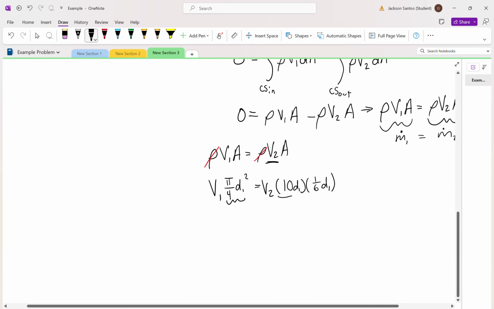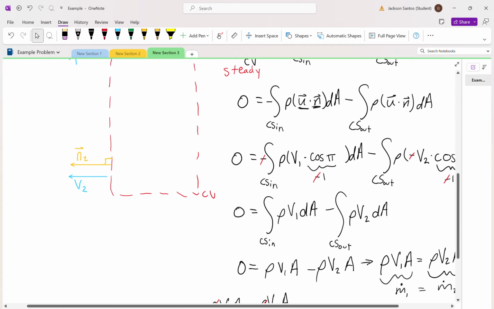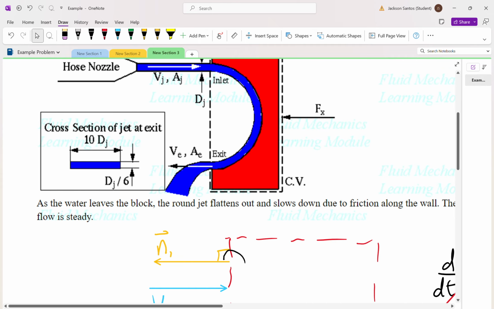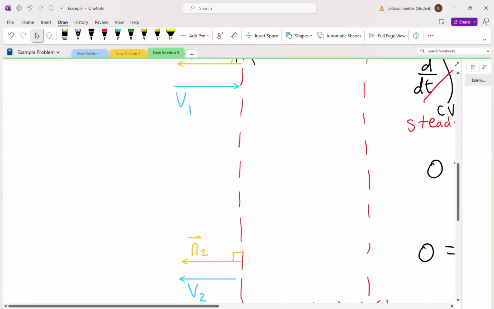And this right here is also our A term. This is our A2 term, which is just the cross-sectional area of the stream when it exits here, which is 10 d1 times d1 over 6. So that's where those terms come from.